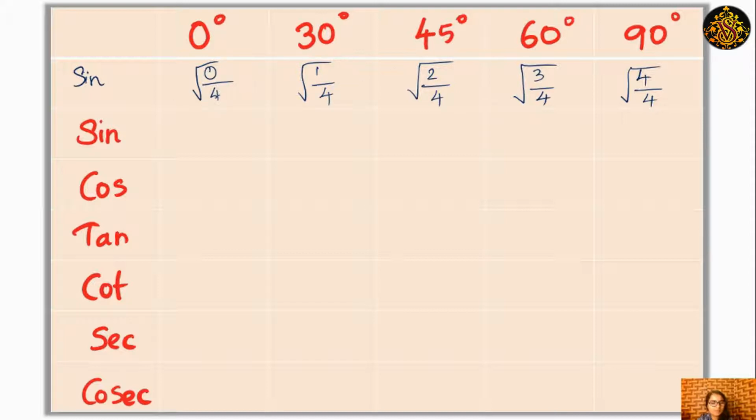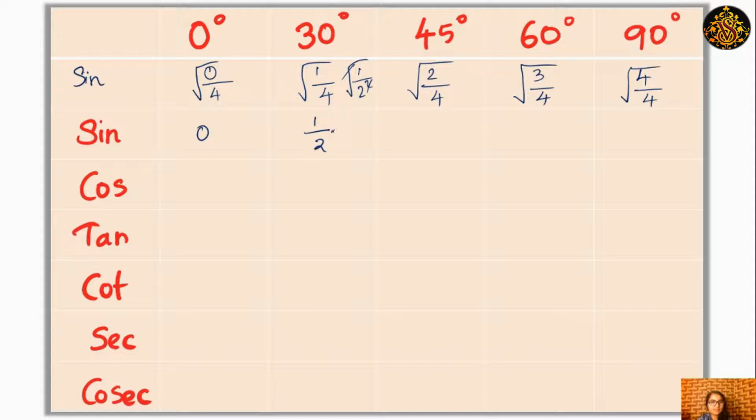So 0 divided by 4 is 0, right? Square root of 1 by 4 is 1 by 2, because the square root and the square get cancelled.